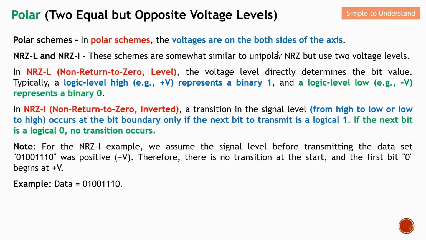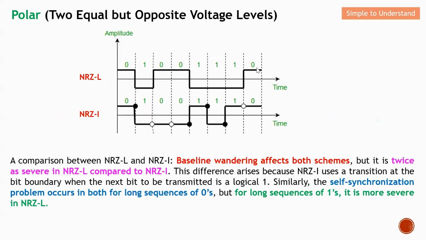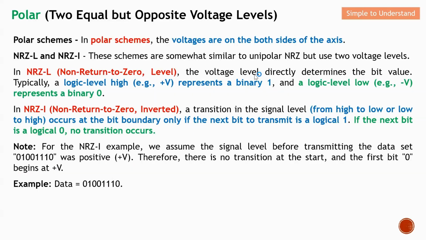But for the level and the inverted, they have two voltage levels, as you can see from this diagram. They appear at two different voltage levels. Let's go into more detail. Let's start by understanding more about non-return to zero level. The voltage level directly determines the bit value.